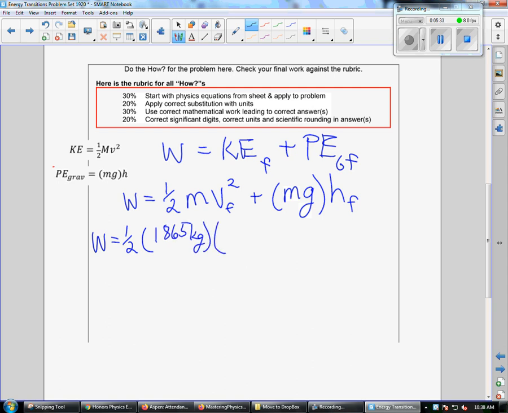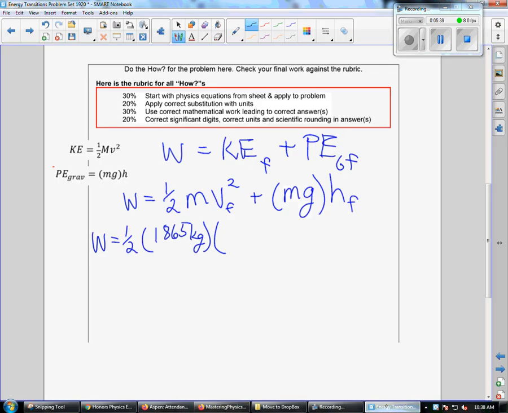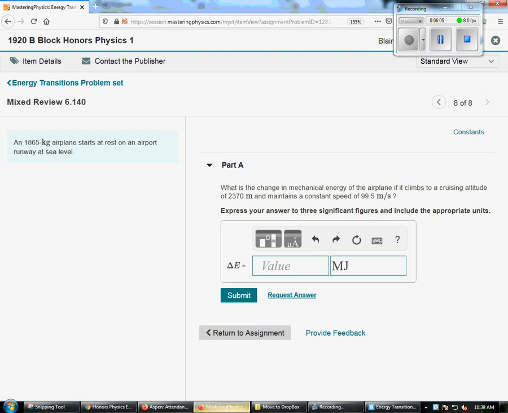I'm told my final speed, 99.5, and that's in meters per second. Plus 1865 kilograms. I'm assuming this is happening on Earth, so 9.81 newtons per kilogram. And then my final height, I feel I'm going to run out of room as normal, 2,370 meters.